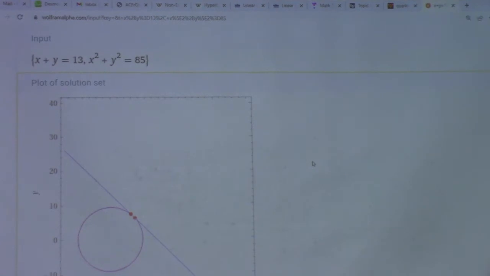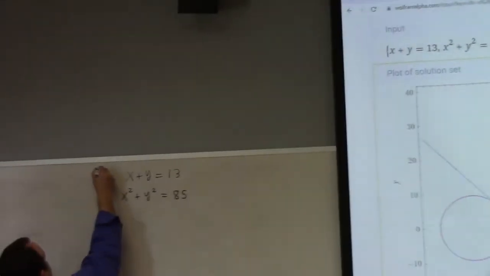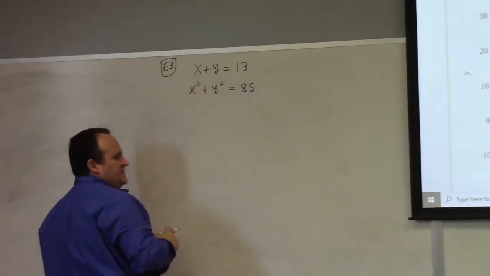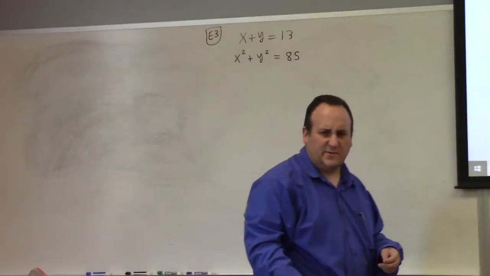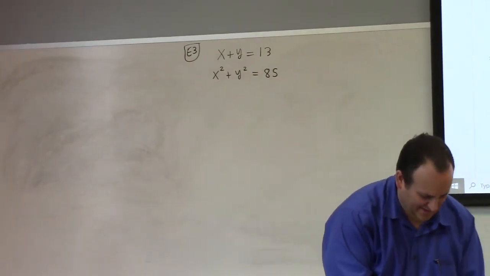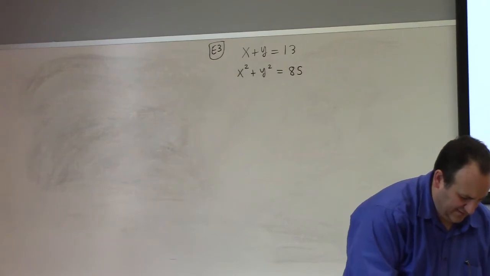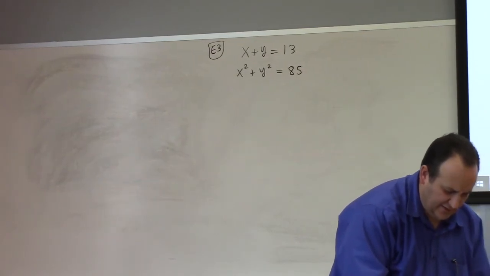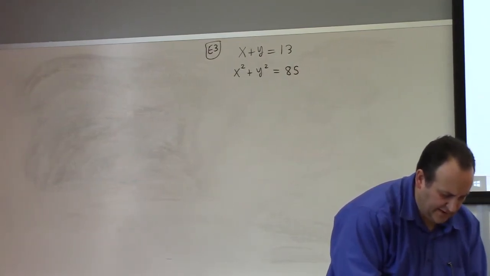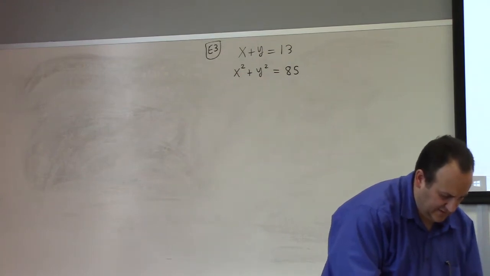I wanted to warn you about something. What example is this? That was 1, that was 2, this is 3. I noticed that there's some language about complex exponents in your homework. It says, give all solutions of the nonlinear system of equations, including those with non-real complex exponents.